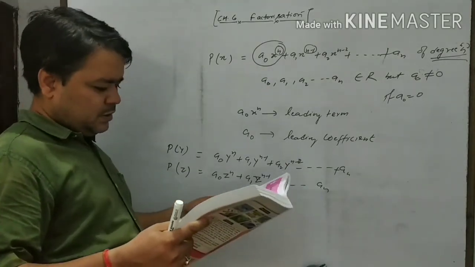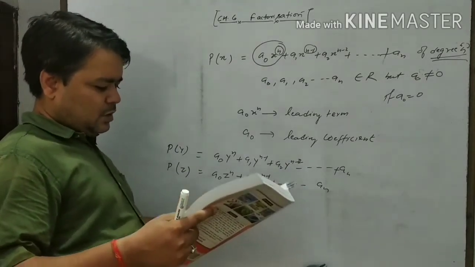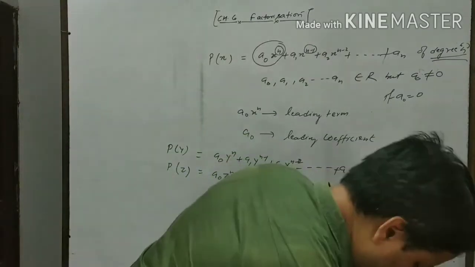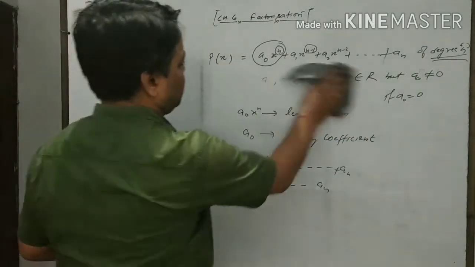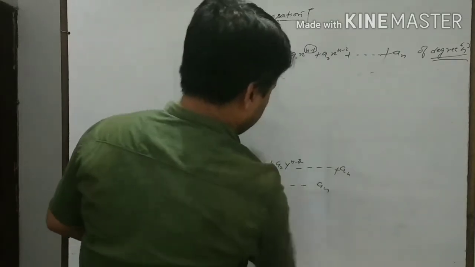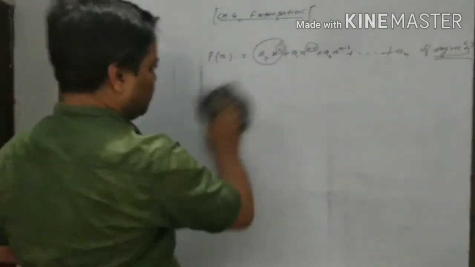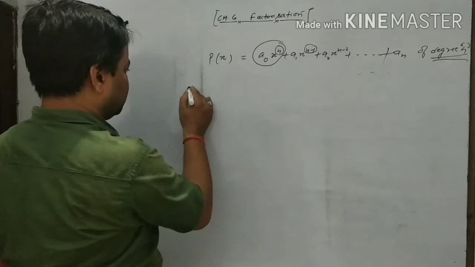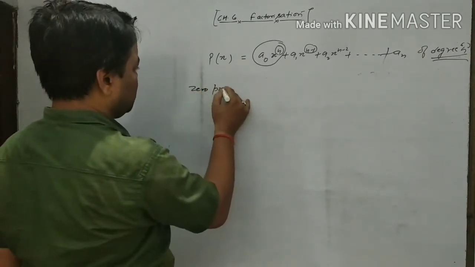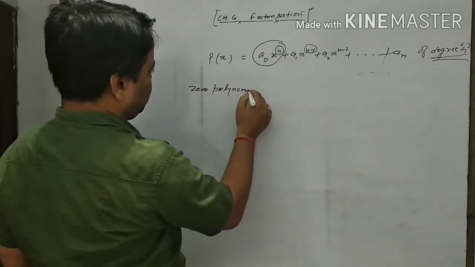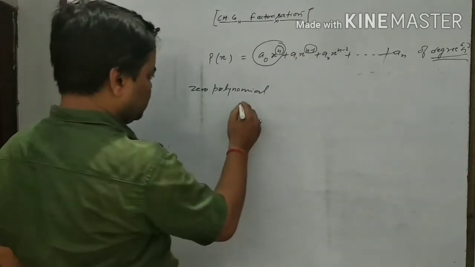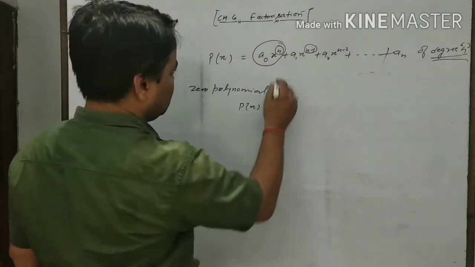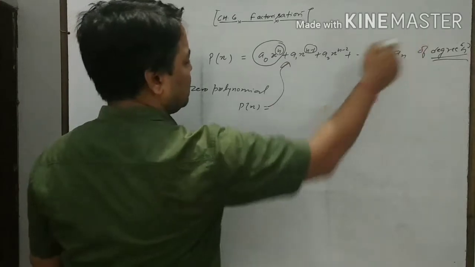Now, what is a zero polynomial and a constant polynomial? Zero polynomial. What is a zero polynomial? Now we will discuss the zero polynomial and the constant polynomial. Zero polynomial. Here we write Px is equal to this expression.